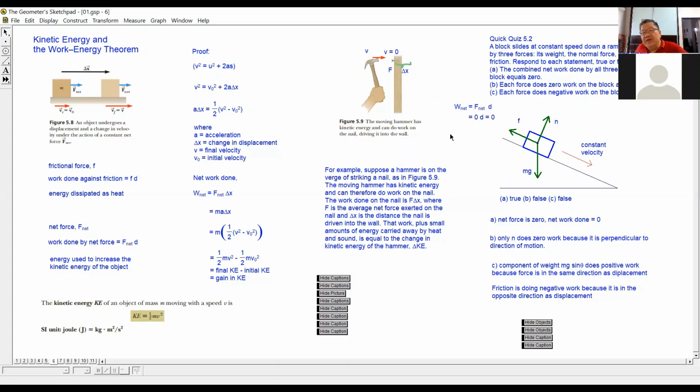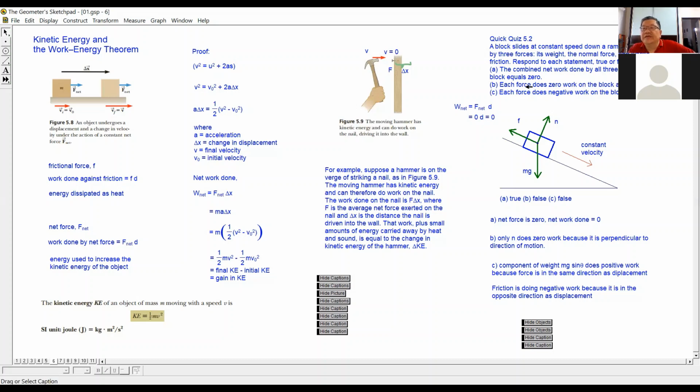So individually they are doing work, but they cancel one another. One is positive work done, the other is negative work done. That's why they cancel. So the first question, is the net work done zero? Yes, because the net force is zero.